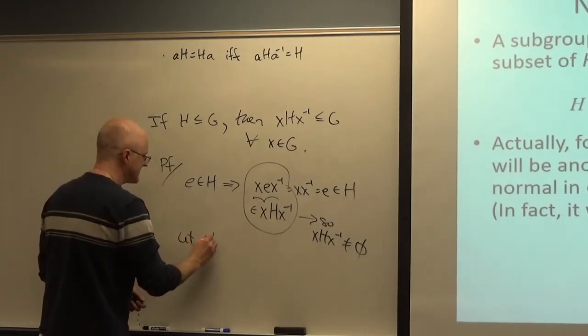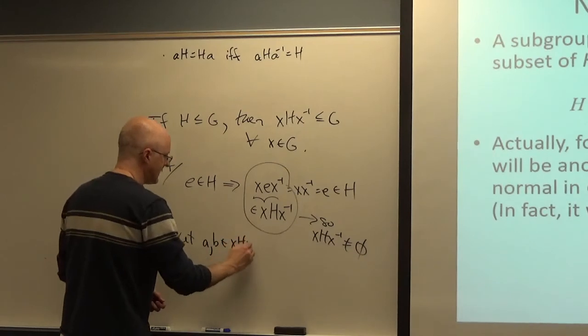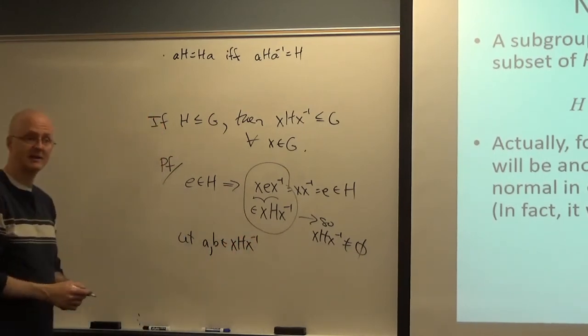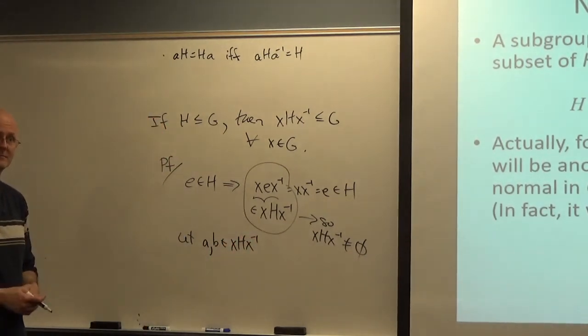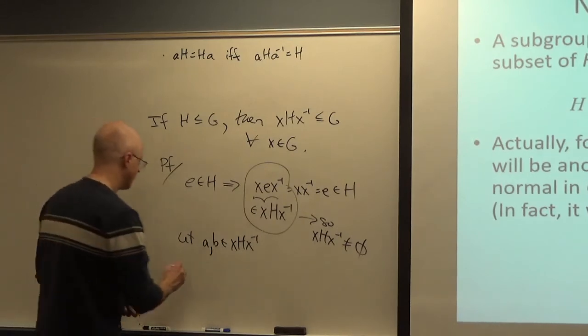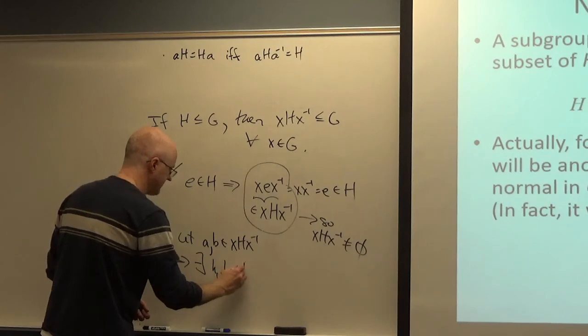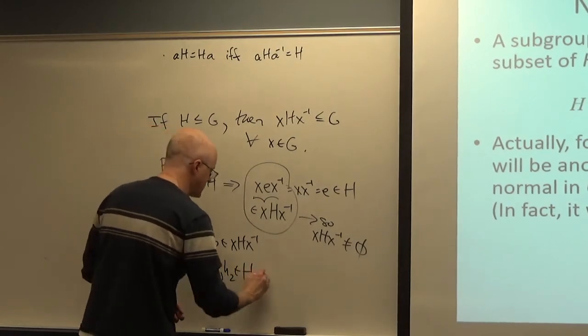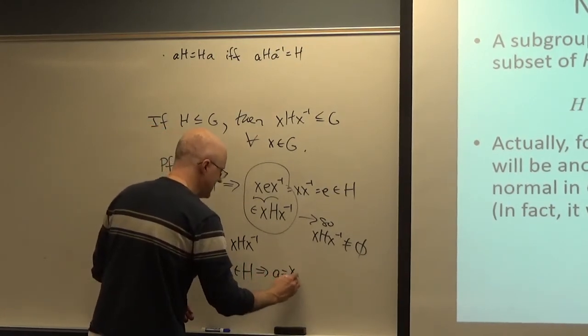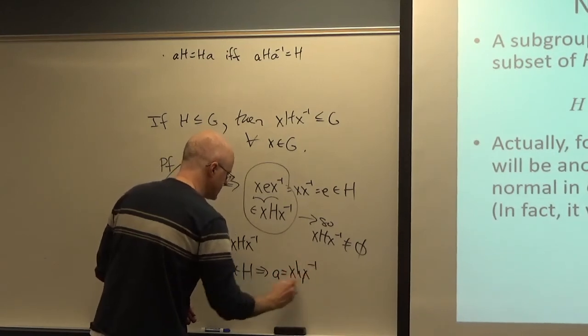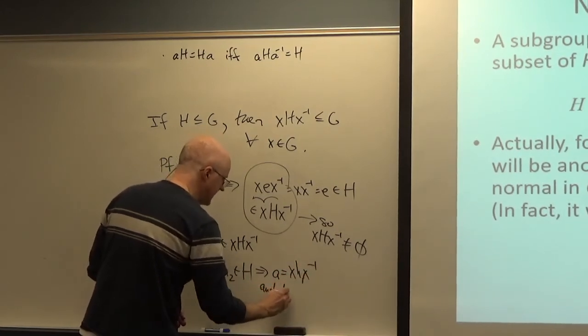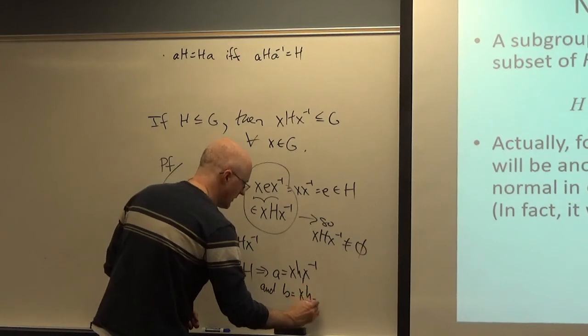You've got two elements in this thing. Is there a product in the thing? Is it closed? What does it mean to be in there? It means there are elements h1 and h2 where a is xh1x inverse and b is xh2x inverse.